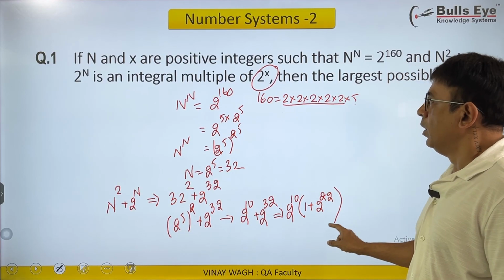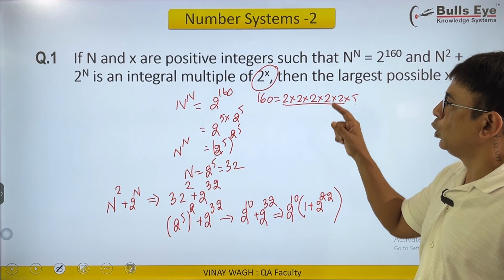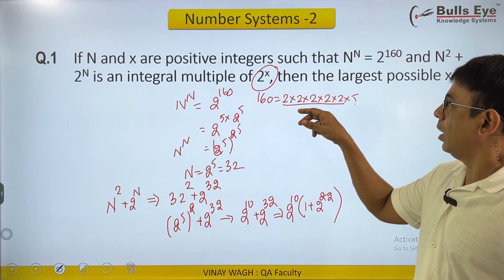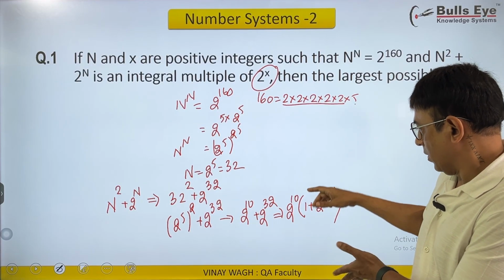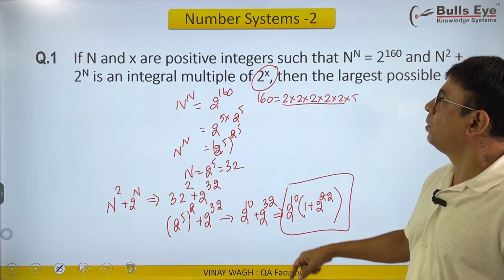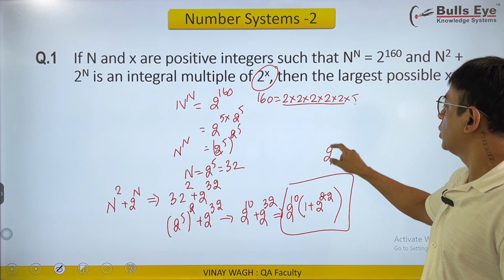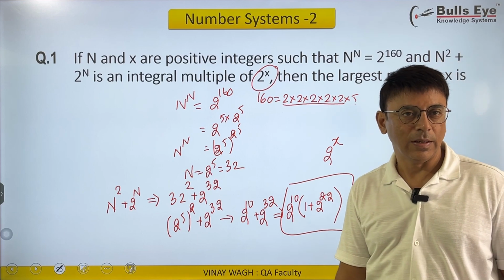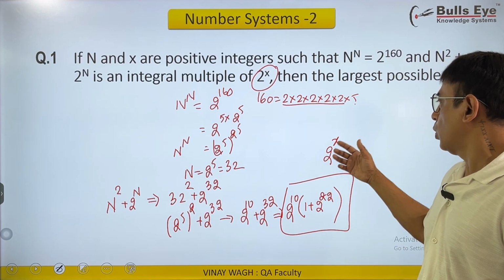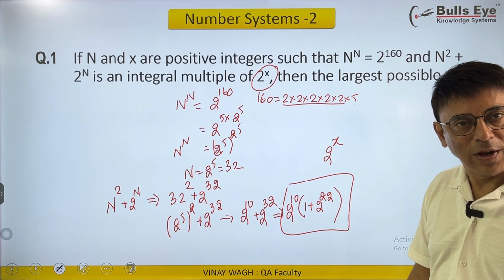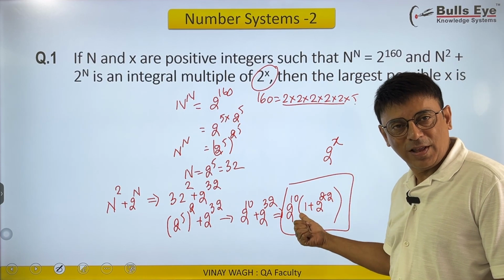Done. So the question is, n square plus 2 raised to n, this number should be an integral multiple of 2 raised to x. Now, this is a subset of 2 raised to x; 2 raised to x is bigger than this.